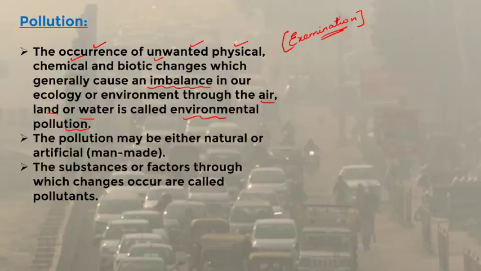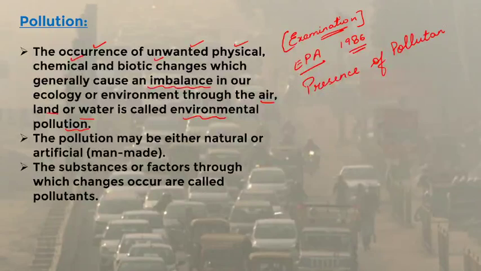Now, I would like to tell you about an act which we call the EPA, or Environment Protection Act, 1986. In the Environment Protection Act, it has been clearly said that environmental pollution is the presence of pollutants.